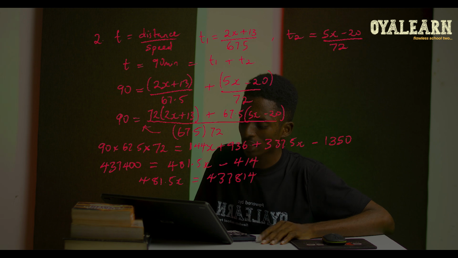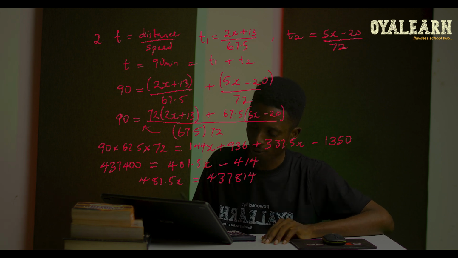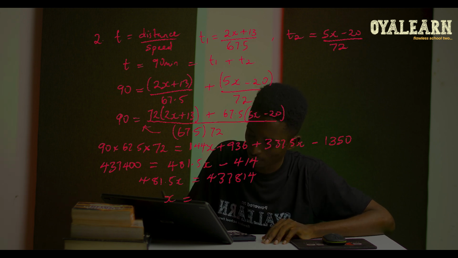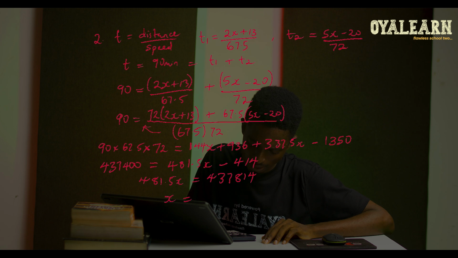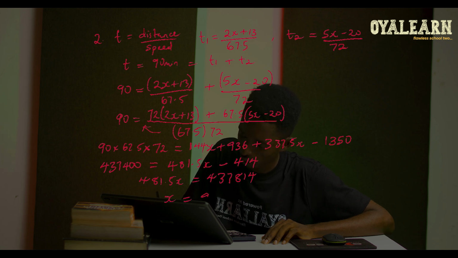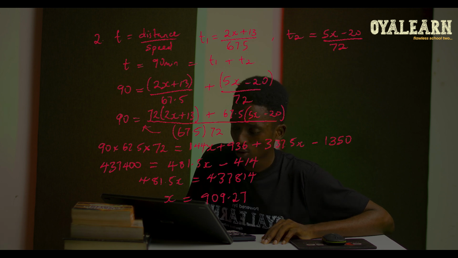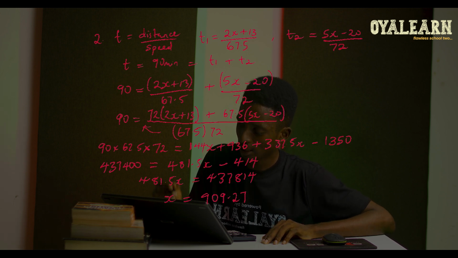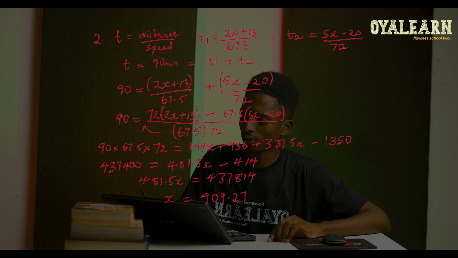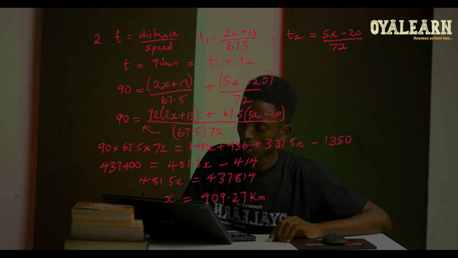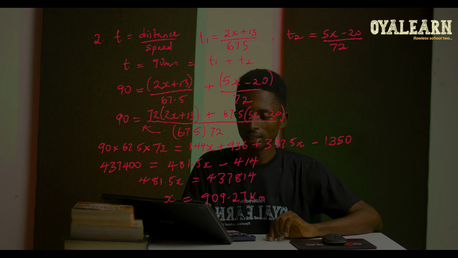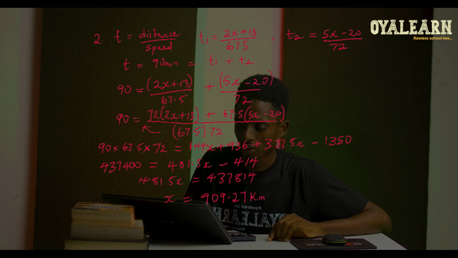So when we divide both sides by 481.5, we will get the value of x. And that gives us 909.27. So the value of x is 909.27 kilometers. That's the total distance traveled by the car.